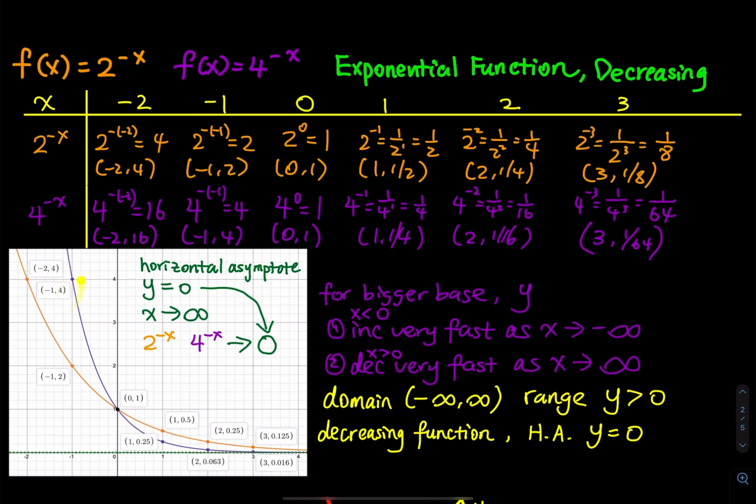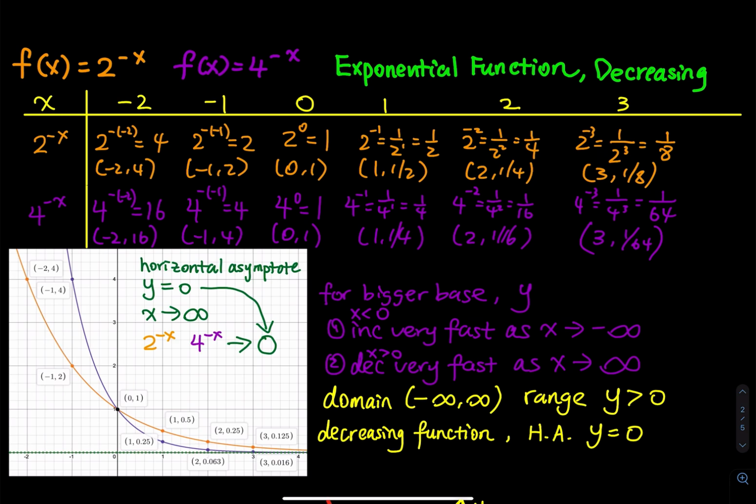So when x is equal to negative 1, we have the purple equal to 4 and the orange equal to 2. So when x is less than 0, the purple function, the one with the bigger base, goes up much faster compared to the orange function.